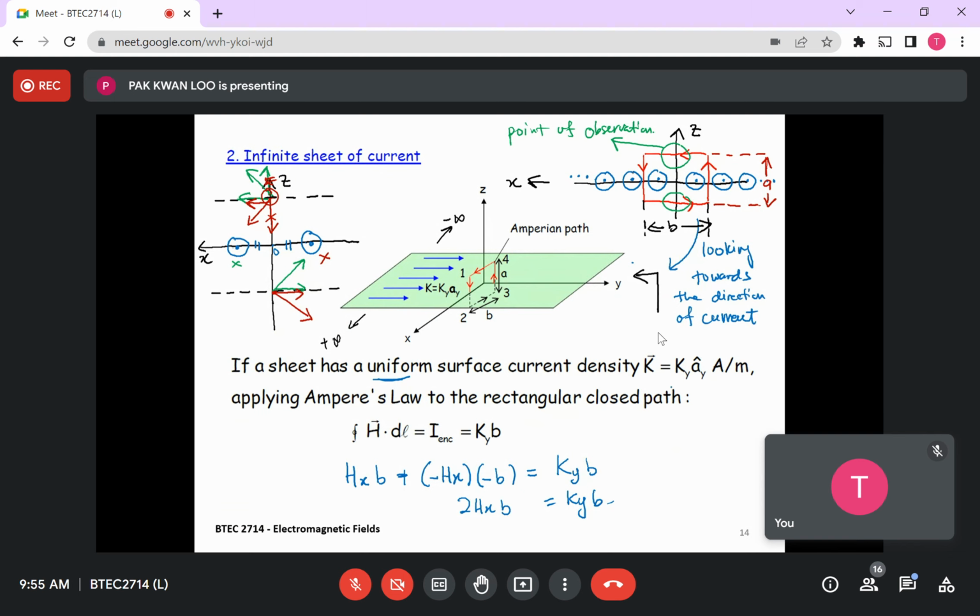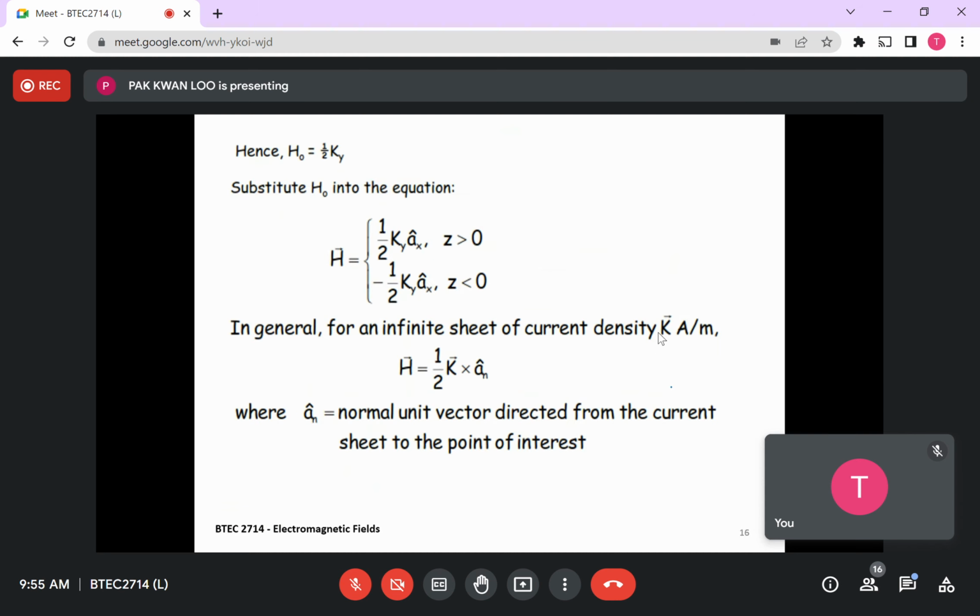As a result, we can find that the magnetic field at any point on the surface here, so let's say this is your surface current, at any point here is represented by half of the current density.